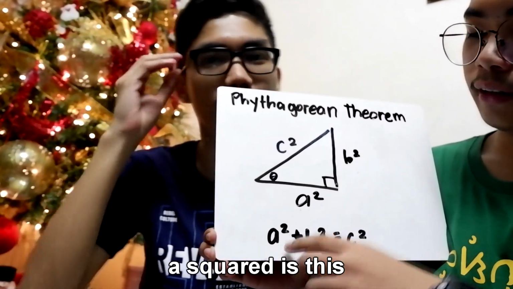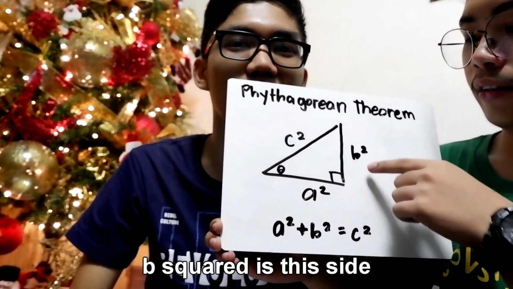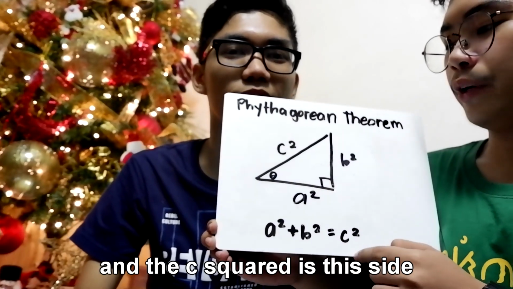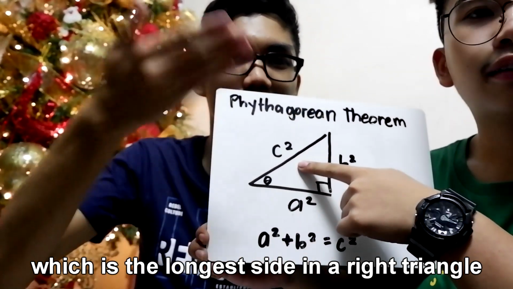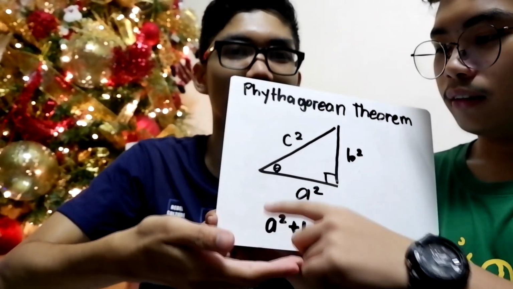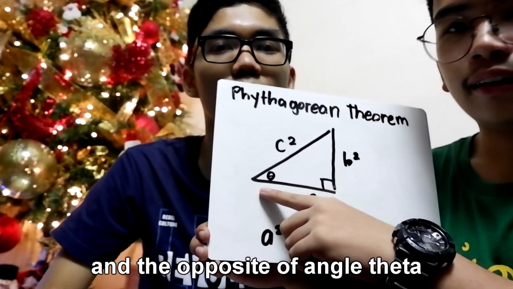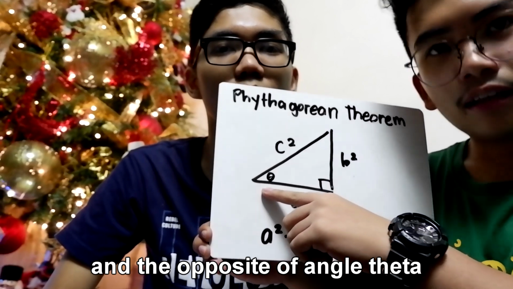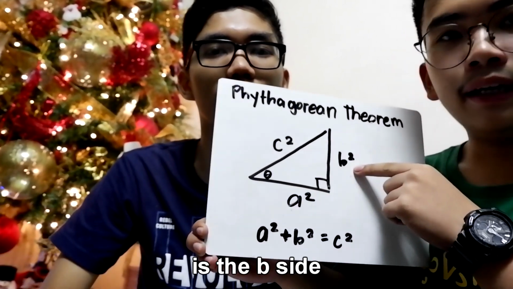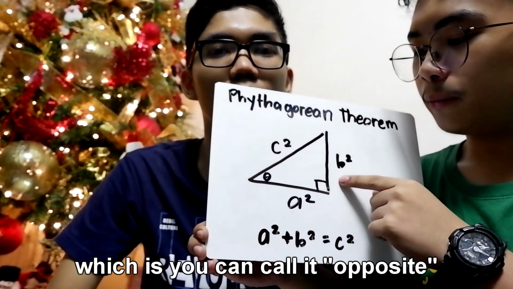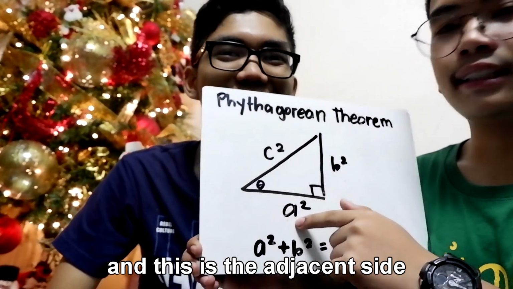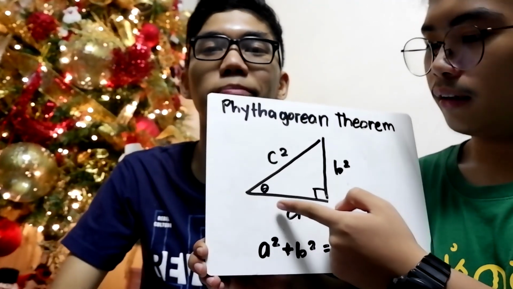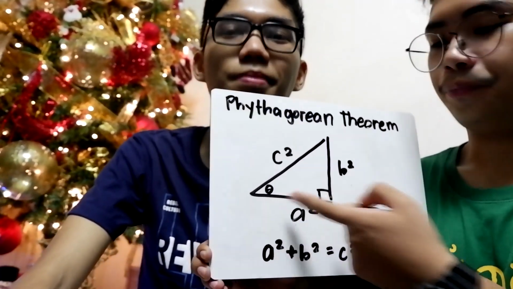A squared is this side, b squared is this side, and c squared is this side, which is the longest side in a right triangle. This is angle theta, and the side opposite angle theta is the b side, which we can call opposite, and this is the adjacent side of angle theta.